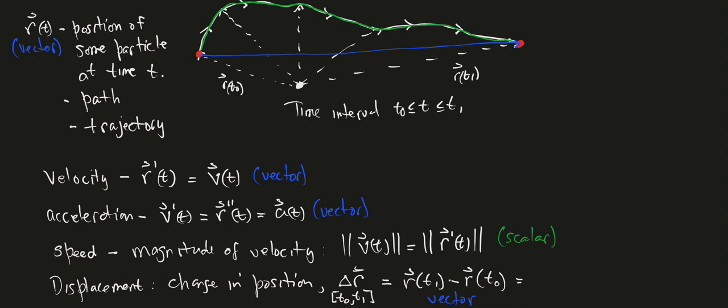Now, when you think about this change, think back to Cal 2. This change, I'm not going to say it's a net change, but a change can always be represented by an integral, right? So let's think about it.